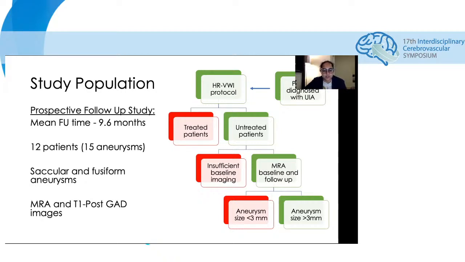They're prospectively chosen to undergo a high resolution vessel wall imaging protocol, and they're chosen for this study if they are untreated and they have baseline and follow-up imaging data, and their aneurysm is greater than 3 millimeters in size. The mean follow-up time is about 9.5 months. We have 12 patients and 15 total aneurysms, and we're analyzing both saccular and fusiform aneurysms using MRA and T1 post images.